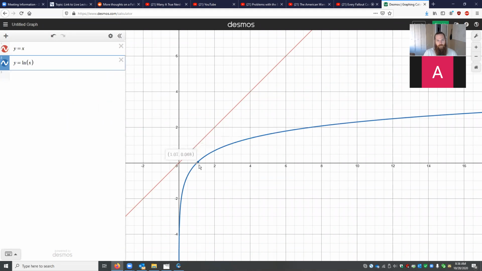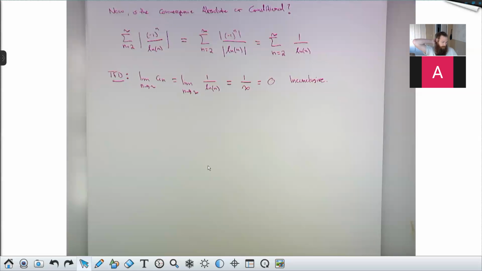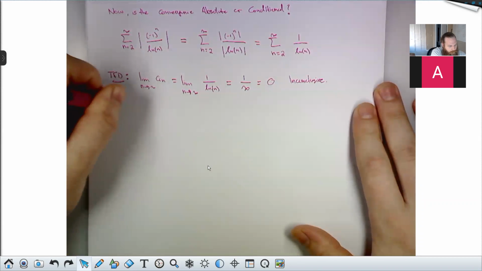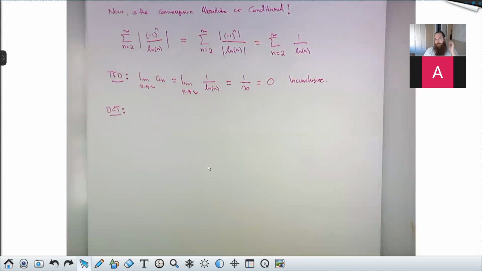Blue is natural log of x. Red is just x itself. So the fastest move here is a direct comparison. And a limit comparison would work also, right? So the limit comparison against sigma 1 over n would work, but it would require at least one run of L'Hopital's rule, which is a little bit messier than is necessary.